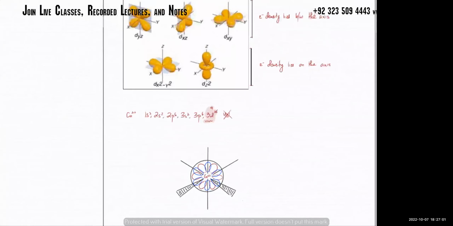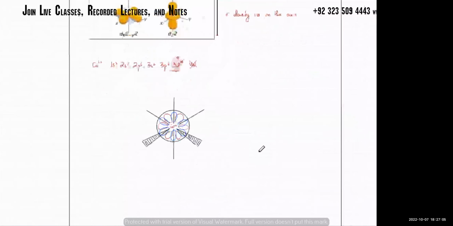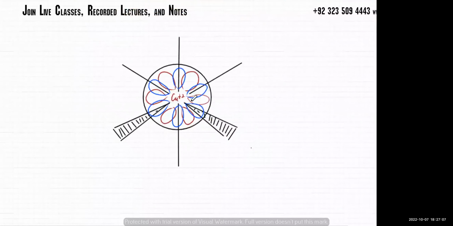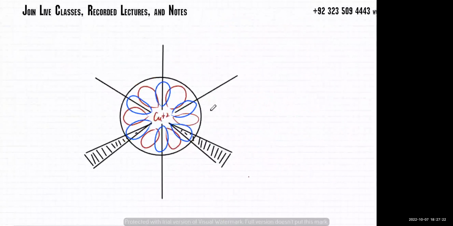Imagine, I'm actually trying to draw all of them together. So I've got this copper ion and it's surrounded by electrons in the d subshell. Some of the d subshell electrons are between the axes and some are lying on the axis. Is the idea clear? This is what the d subshell would look like for a copper ion, copper 2+. Is that clear?